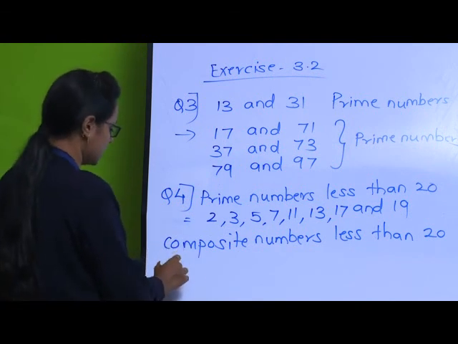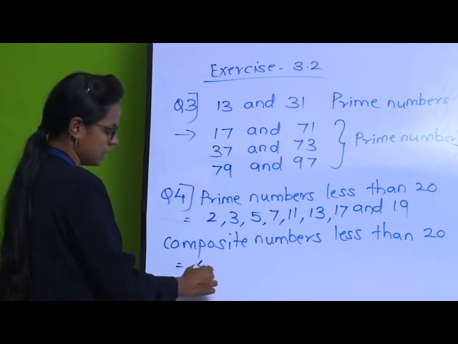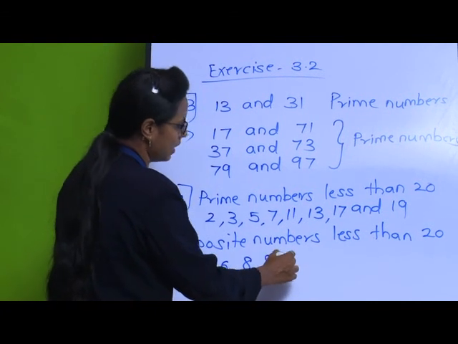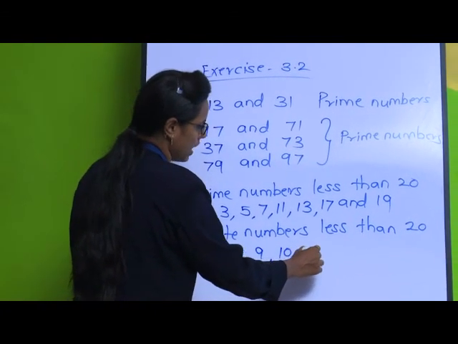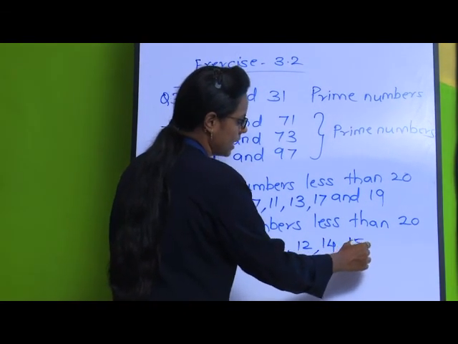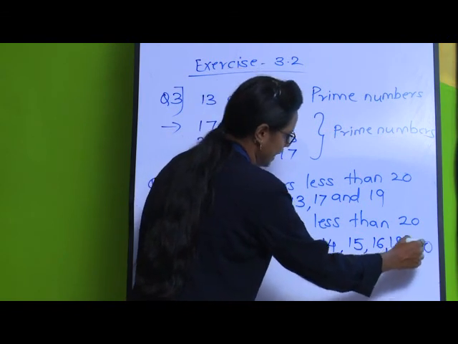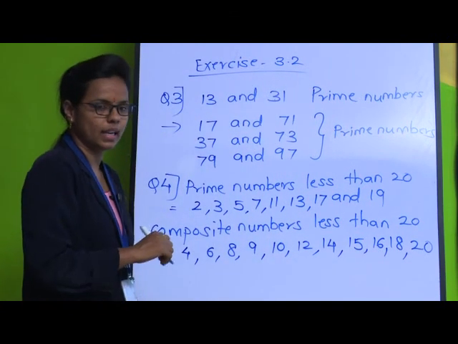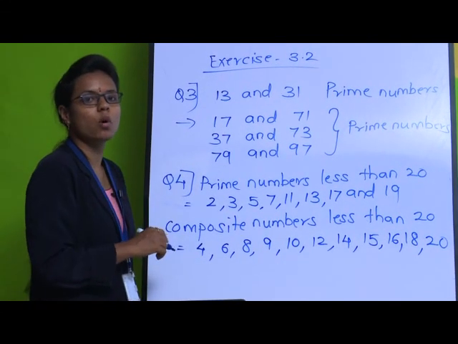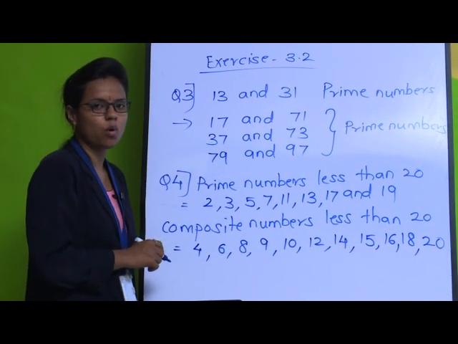So the composite numbers are 4, 6, 8, 9, 10, 12, 14, 15, 16, 18 and 20. These are the composite numbers which have more than 2 factors.